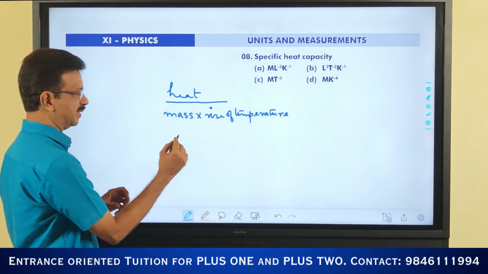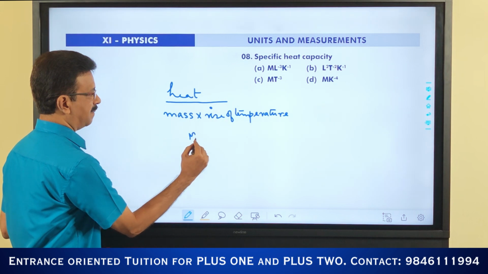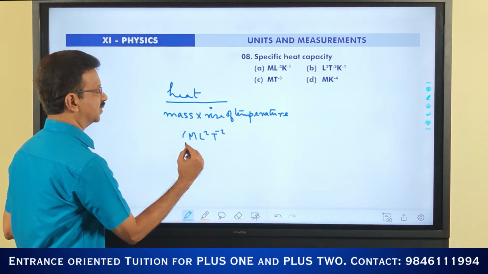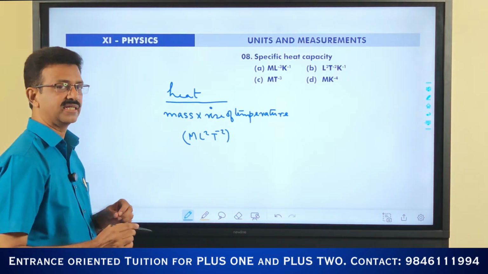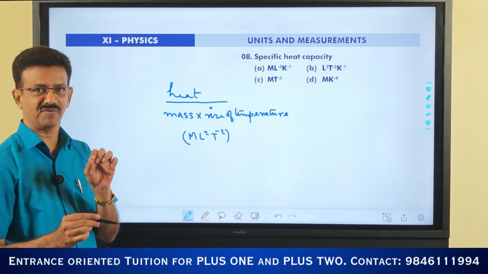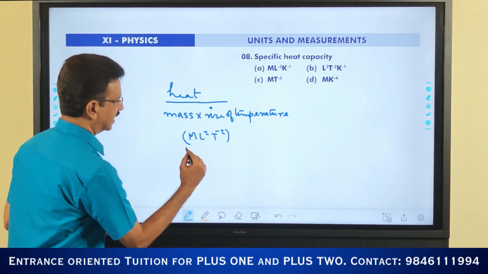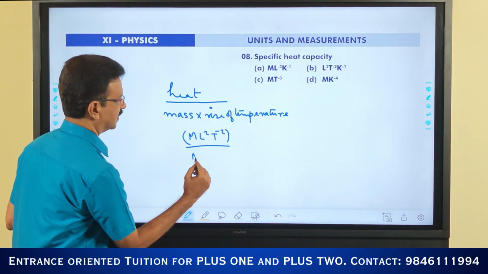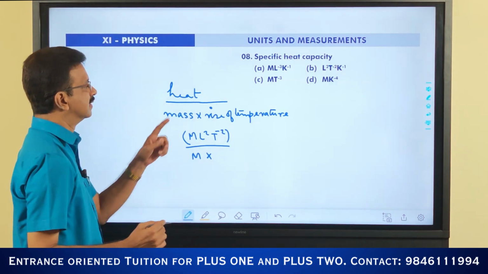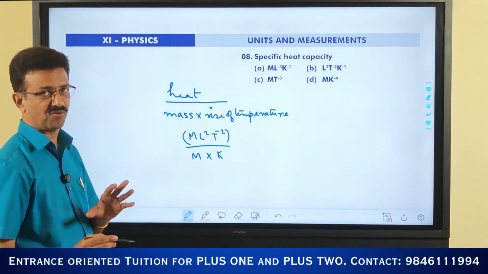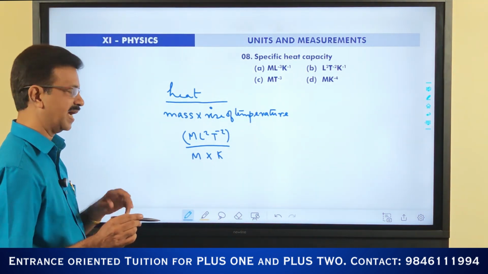For heat, the dimensional formula is M L square T raised to minus 2. Heat is a form of energy. Therefore, the dimensional formula of heat will be equal to dimensions of energy divided by mass divided by rise of temperature. Here, I am taking K for temperature. K or theta can be used.